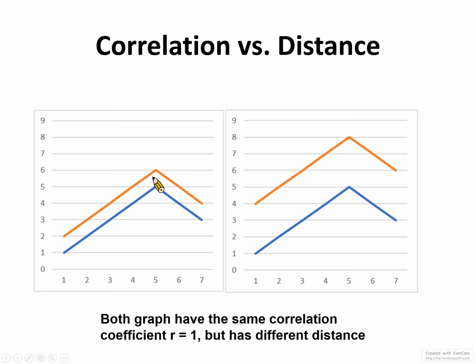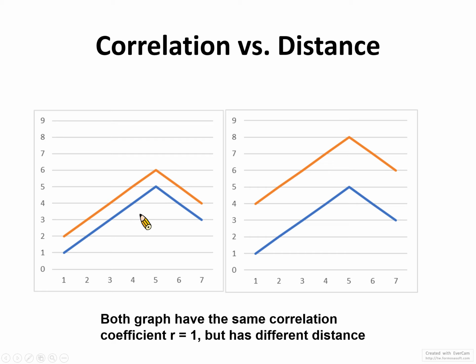For example, here we have orange data and blue data, and you can see that they all have increasing values until the 5 and decreasing until the 7. The difference between the orange data and the blue data is that it has higher values in the orange data and lower values in the blue data.